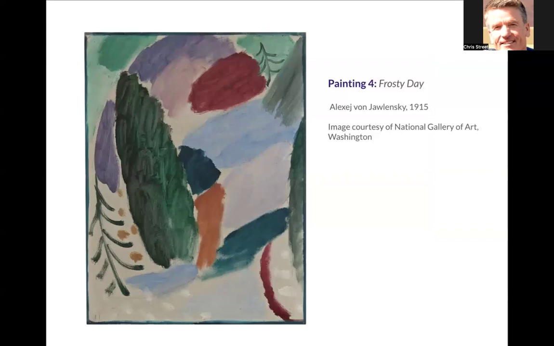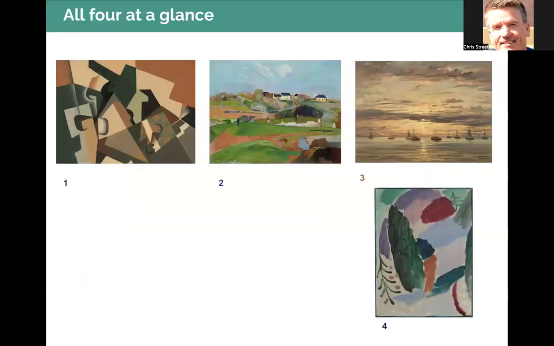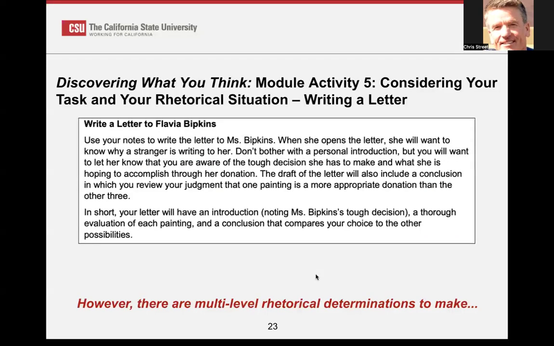So again, our task is to make a recommendation to Miss Bipkins, the philanthropist, on which one of these four paintings, all of which she adores, is best suited for the wall at the family lounge at the Children's Memorial Hospital. Okay, I'll pause, give you a few minutes to think about that, talk about that.